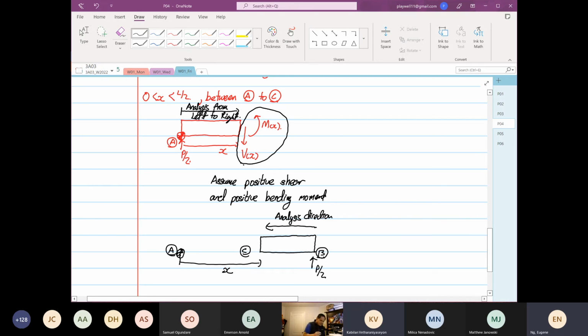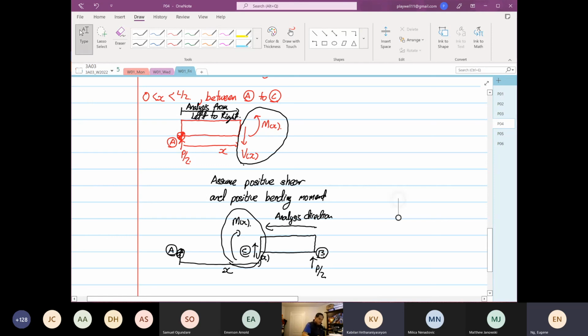For this case, the positive shear and positive bending moment change direction. Now V as a function of X is going up, M as a function of X is going clockwise. This is because we are making the assumption of positive shear and positive bending moment.